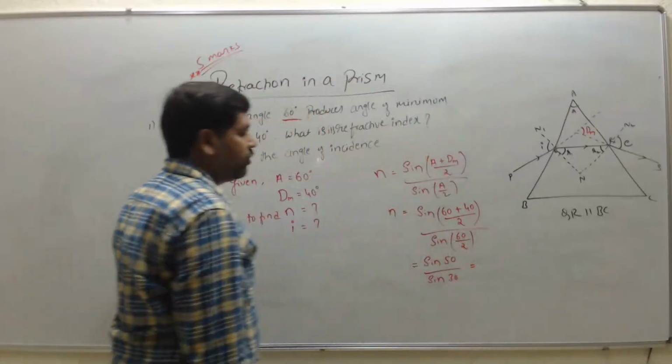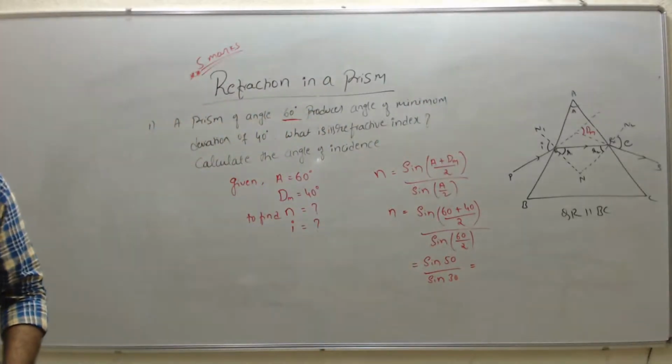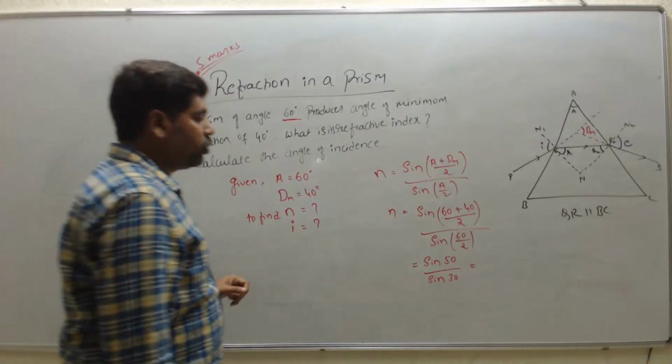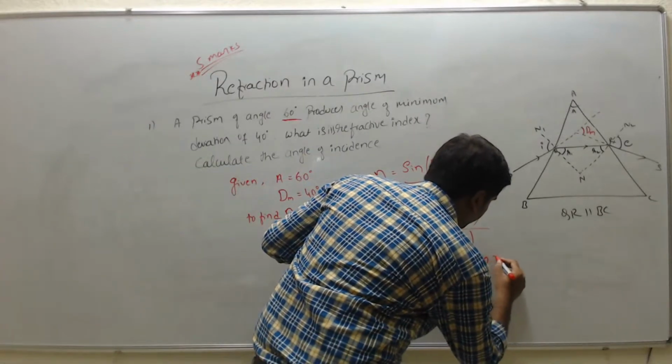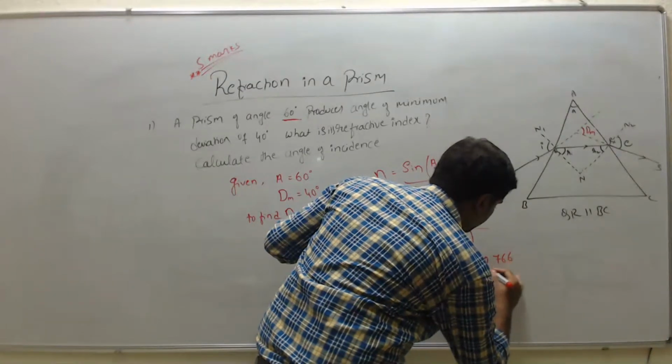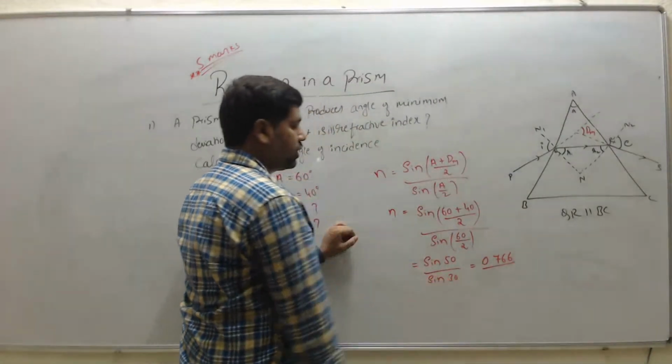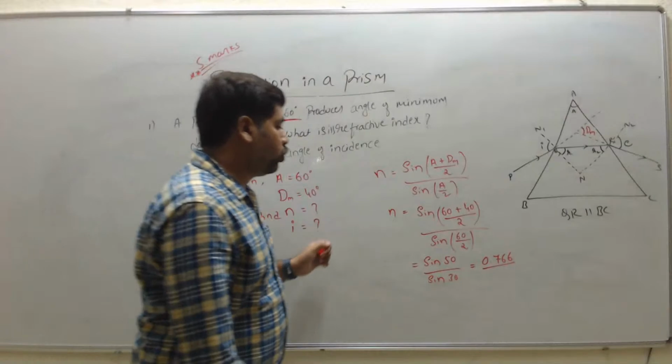From the log table, sin 50 is 0.766, and sin 30 is 1 by 2.